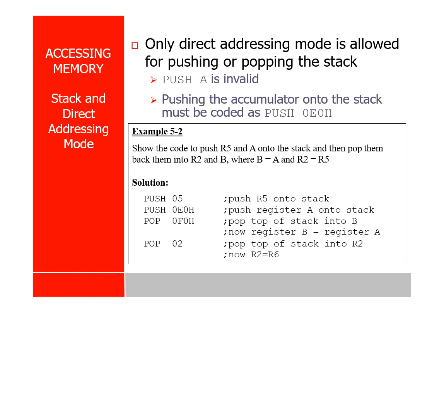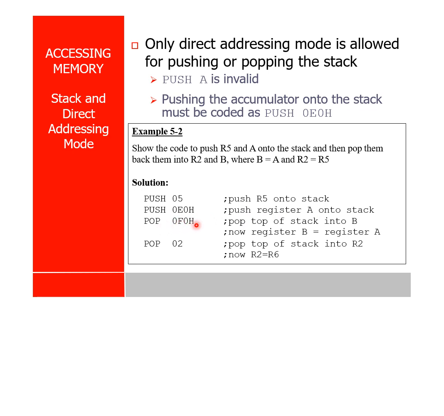Now when you are using the stack, you are normally using push and pop. Whenever you are using push and pop, you have to use direct addressing. PUSH 5 means move R5 into the stack. You cannot write here PUSH R5. Similarly, PUSH 0E0H: register A has the address E0, so PUSH 0E0 means move the data from the A register to the stack.